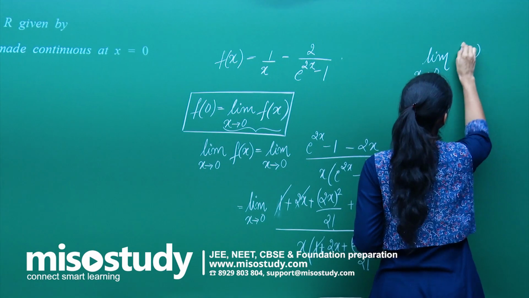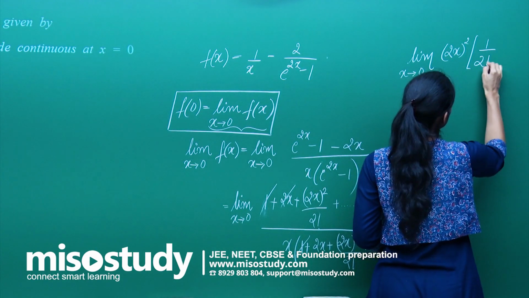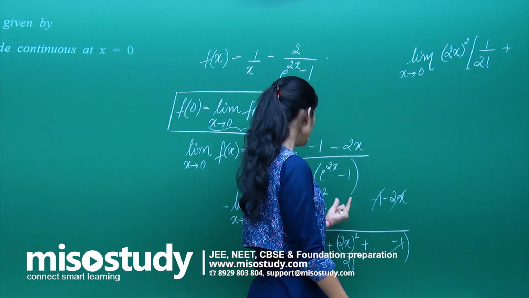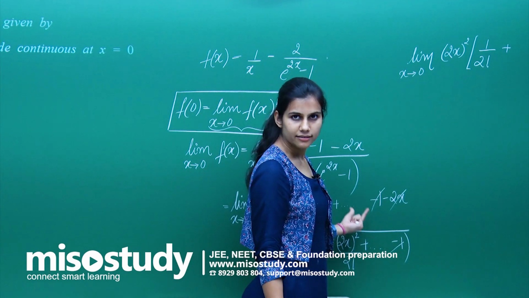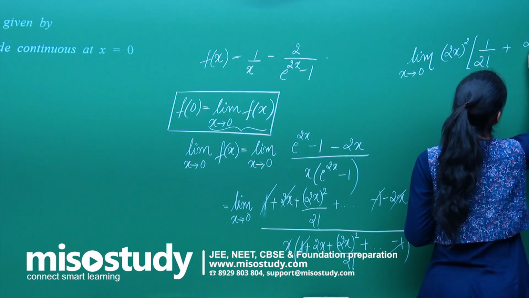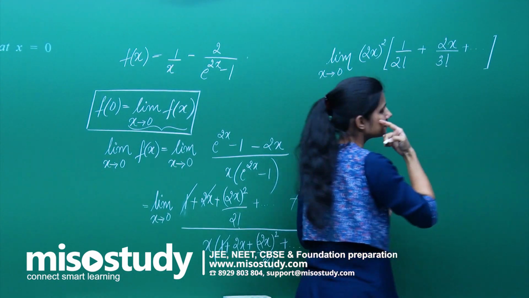So basically 2x square can be brought out common. You are left with 1 by 2 factorial, and then the rest of the terms have x in them. How? This will be 2x cube by 3 factorial. So 2x square has been brought out, 2x is left by 3 factorial, and then and so on.